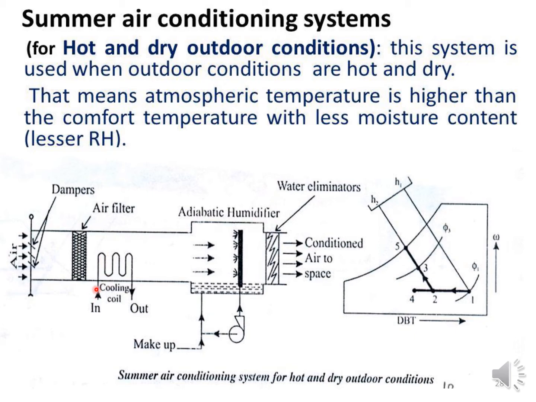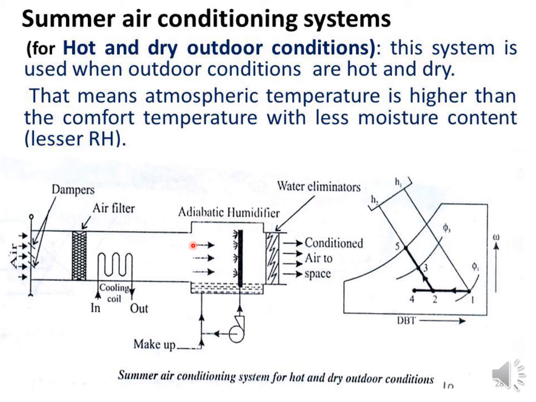The inlet is cold water, and the outlet comes out with increased temperature, because the heat from the outside air is transferred. So this acts as a heat exchanger. Heat from the air is transferred to the cooling water, right? Here one condition is achieved, that is hot is converted into cool.